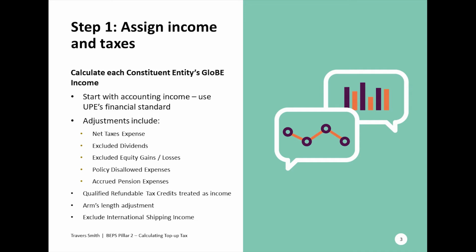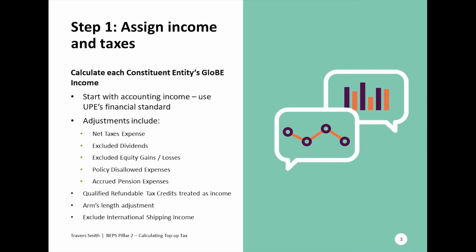All bribes and kickbacks are disallowed, but fines and penalties above the de minimis amount are also disallowed, and the de minimis amount is €50,000. Finally, any pension contributions that have been accrued but not paid need to be added back.